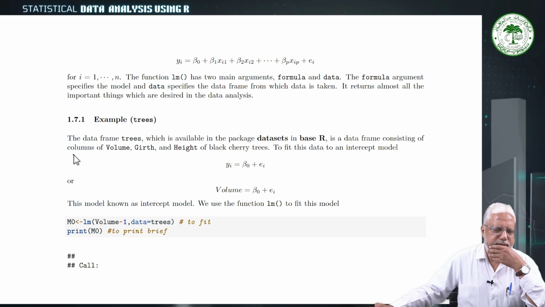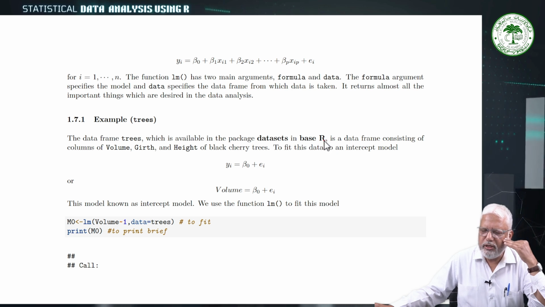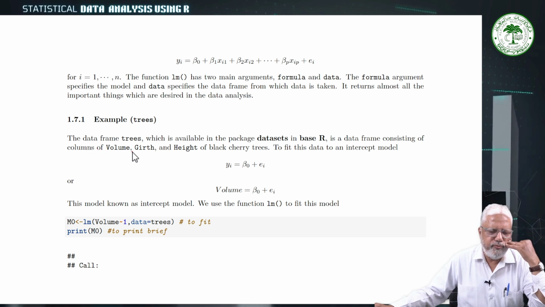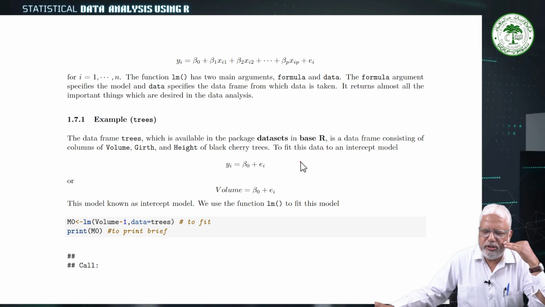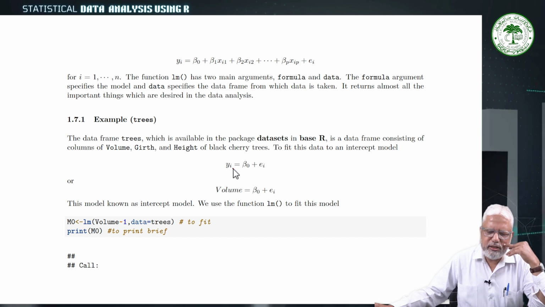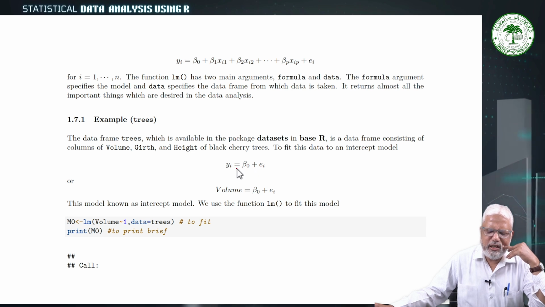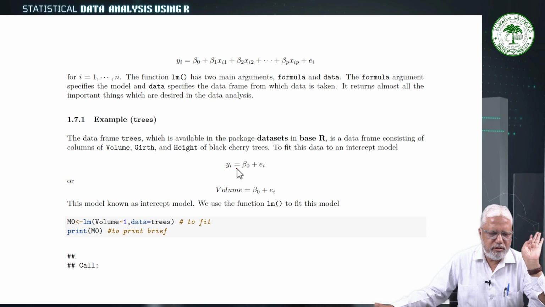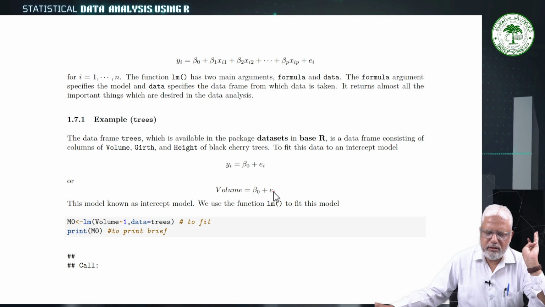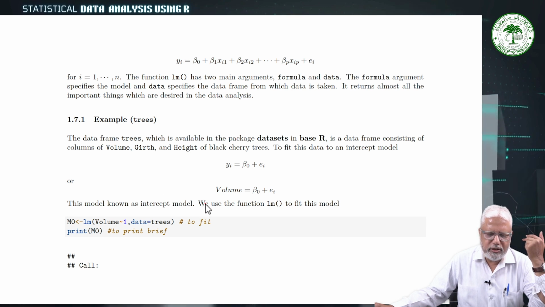See, the data frame trees, which is available in the package datasets in base R, is a data frame consisting of columns volume, girth and height of black cherry trees. To fit this data, an intercept model. Intercept model means there is no covariate. So, yi is equal to beta naught plus ei, and that is the simplest model, but it is not realistic. Or volume is equal to beta naught plus ei, or volume is equal to mu plus ei. The model is known as intercept model.